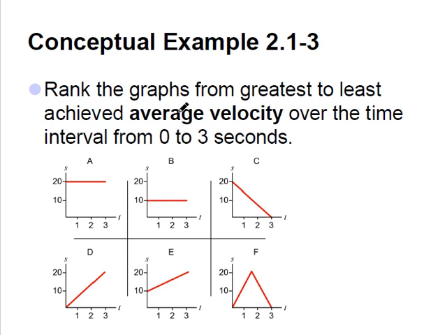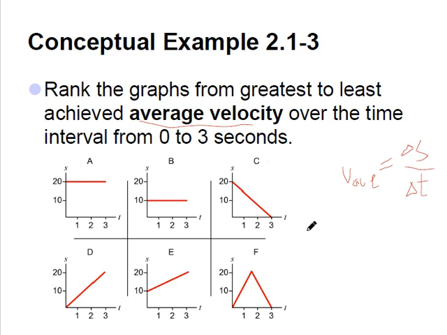Now we're gonna rank them again, greatest to least, average velocity. Average velocity, you're gonna have delta S and delta T. But now we're looking at a bigger interval.